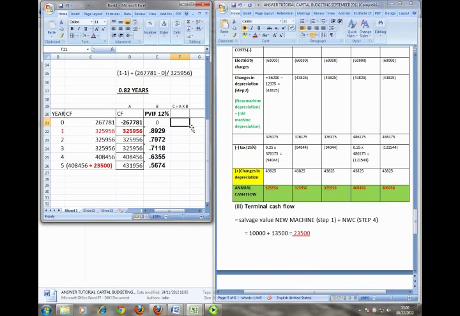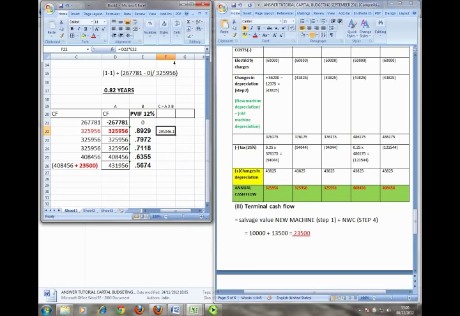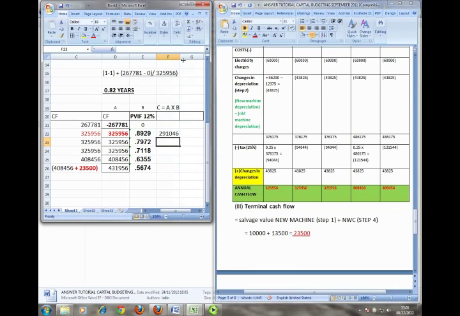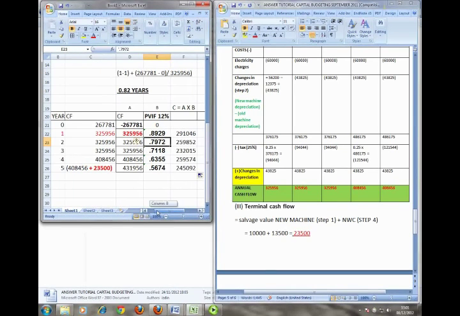A times B. So, class, remember, A times B. So you will get, class, remember, 325,956 times 0.8929, you will get 291,046.